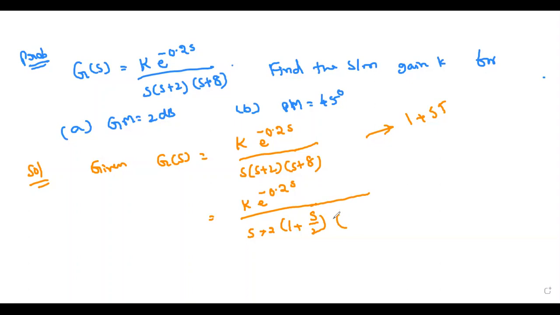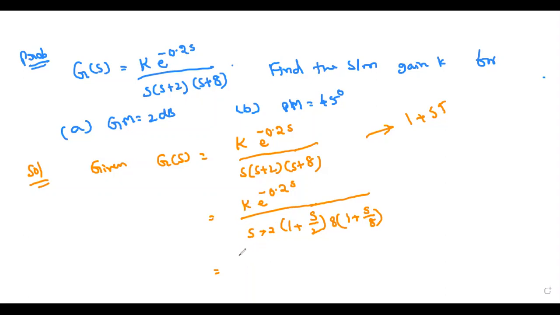And here I can take 8 common, so 8 into 1 plus s by 8. This is equal to 2 into 8, it is 16. So 16 I will take into the numerator.